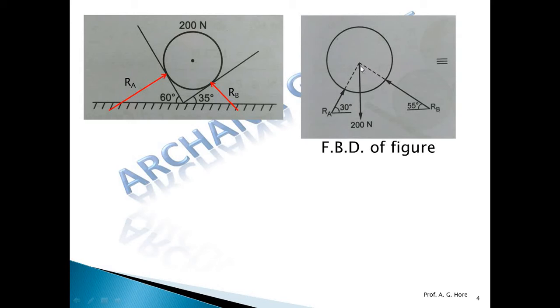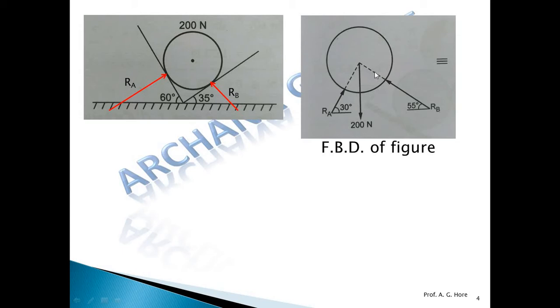For the 3 forces we have 2 theories: these forces must be concurrent or else parallel. Here parallel forces are not visible, so these forces must be concurrent for this sphere.